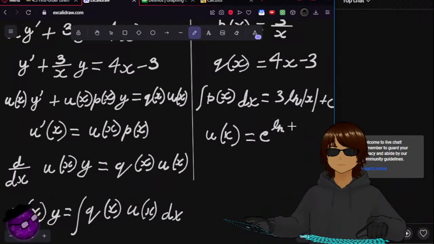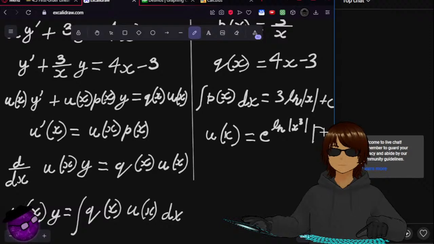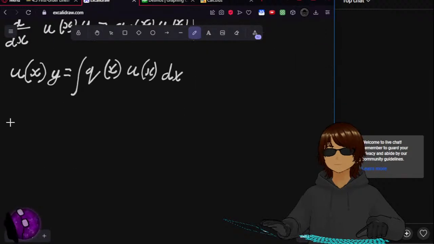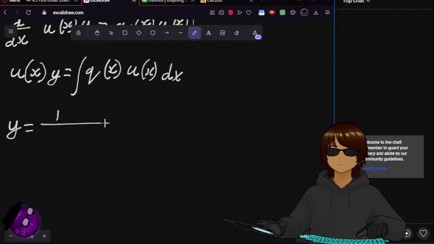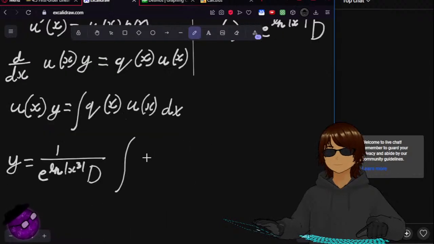If we integrate, times it by d, and then integrate it with 4x minus 3. No, wait.